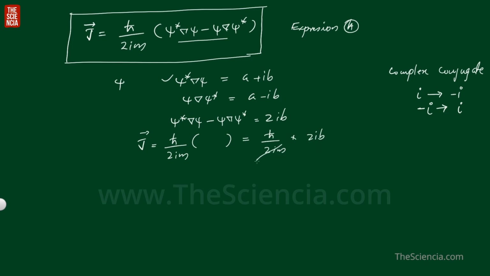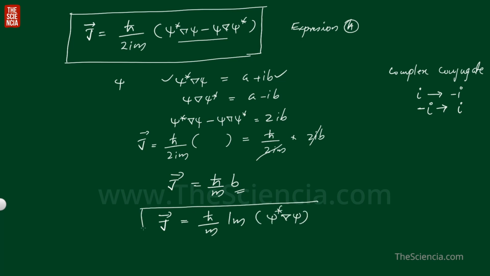So here we can cancel this 2i and 2i. So what we get? We get J is equal to ħ by m into b, where we know b is the imaginary part of psi star del psi. That is, the expression for J will be equal to ħ by m into the imaginary part of psi star del psi. This is expression B.